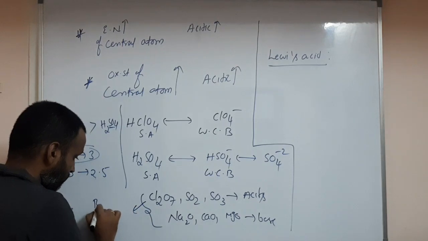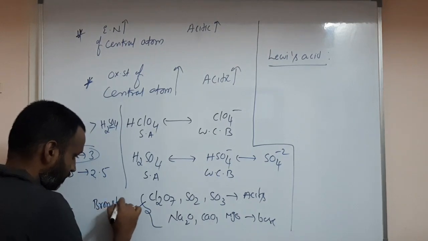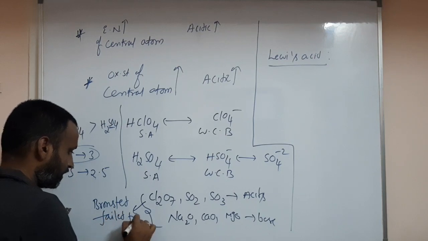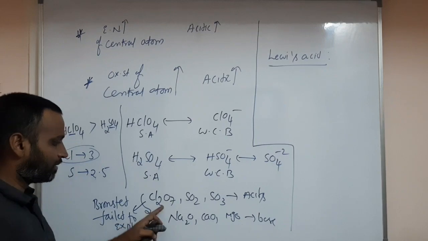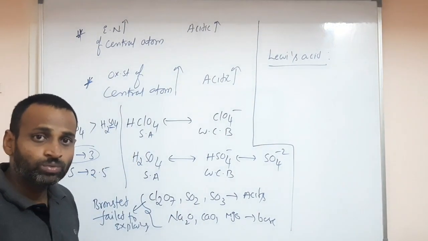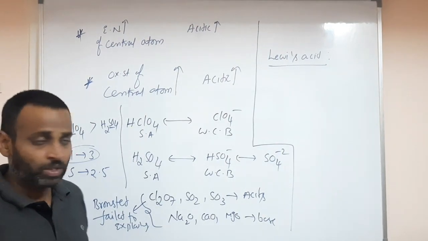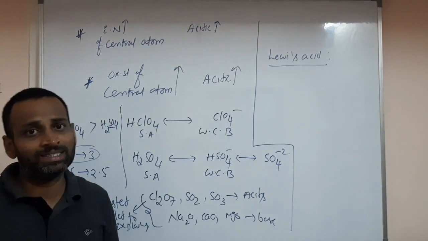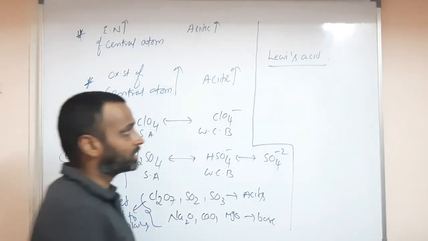So Bronsted failed to explain the acidic and basic character of this kind. Here are some limitations we have, and those limitations we have to overcome. For that, the Lewis acid base theory came. What is a Lewis acid?